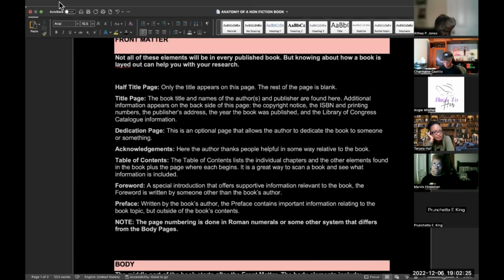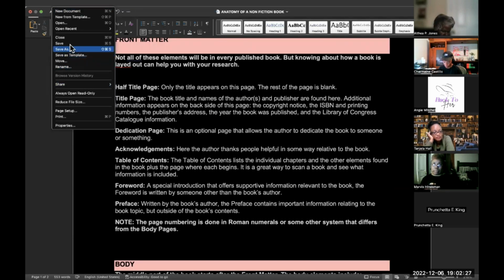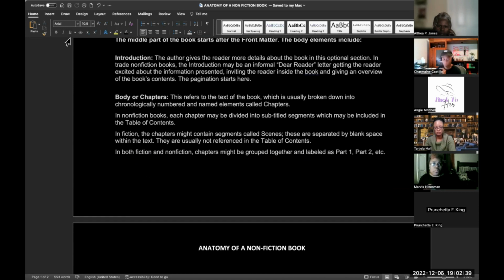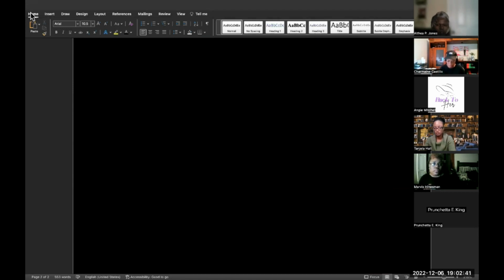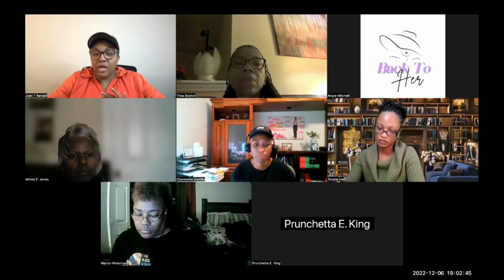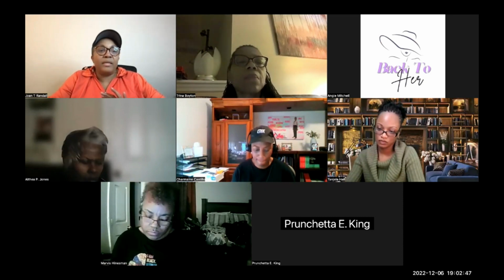All right. So now that you have the overview of the layout of what should be or can be in the anatomy of your book, let's go into the art. Wait, I think I stopped sharing.